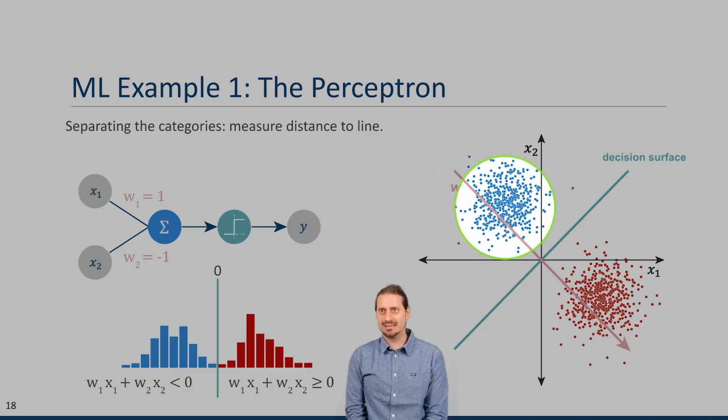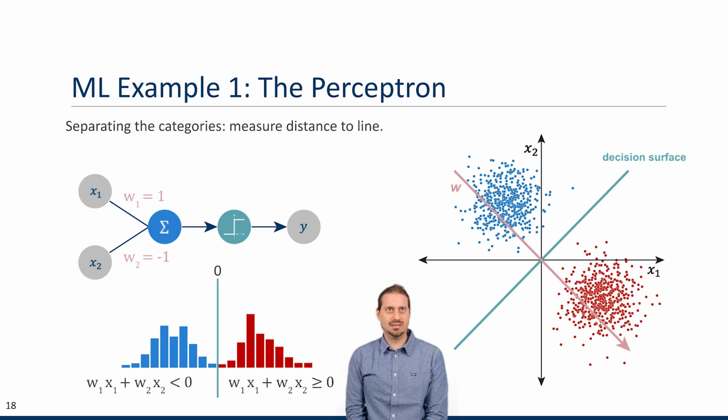And the closer we get, the smaller the distance gets, but all the distances here are negative. This is just because of the direction of our weight vector. And the points here correspond to the positive distances down here, and the further we get in this direction, the further out we are in the distance to the decision surface. So in summary, this means if we now apply this weighted sum to one of the points, we measure the distance to our decision surface.